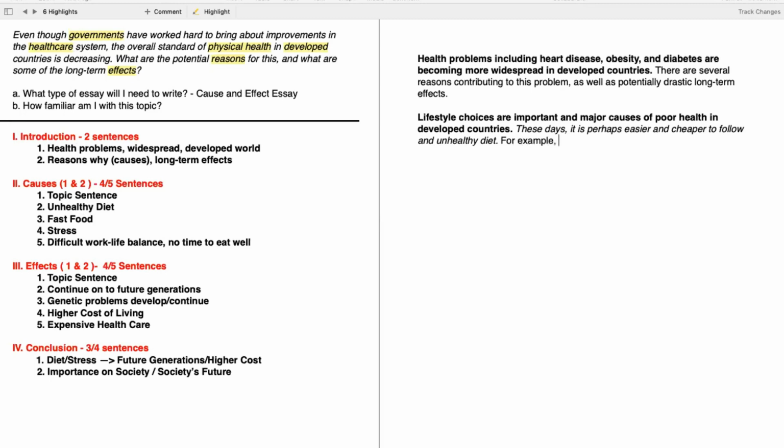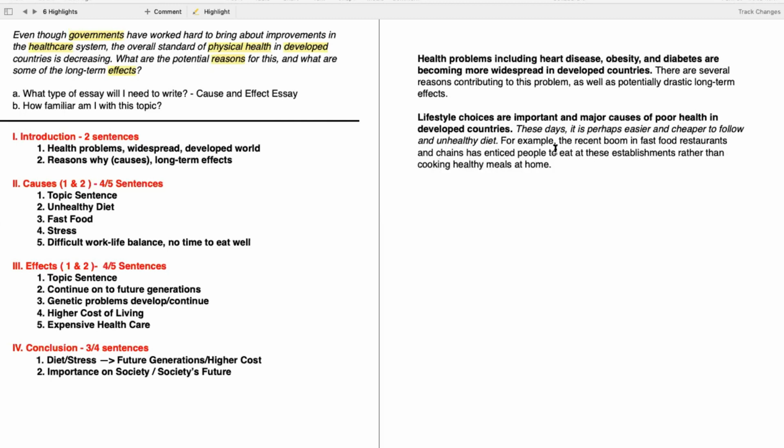For example, which is a great transition, the recent boom in fast food restaurants and chains has enticed people to eat at these establishments. Okay, I don't want to repeat restaurants. I want to say something else. So I think of establishments, rather than cooking healthy meals at home.